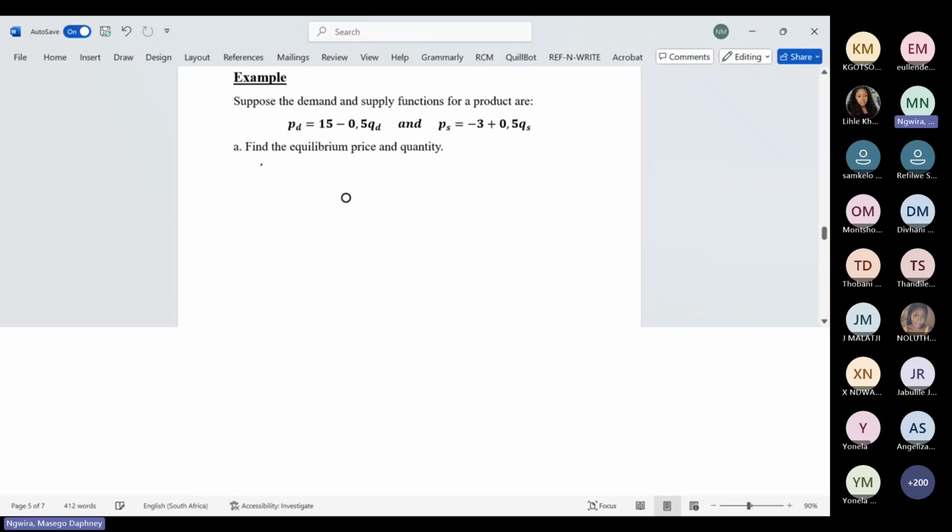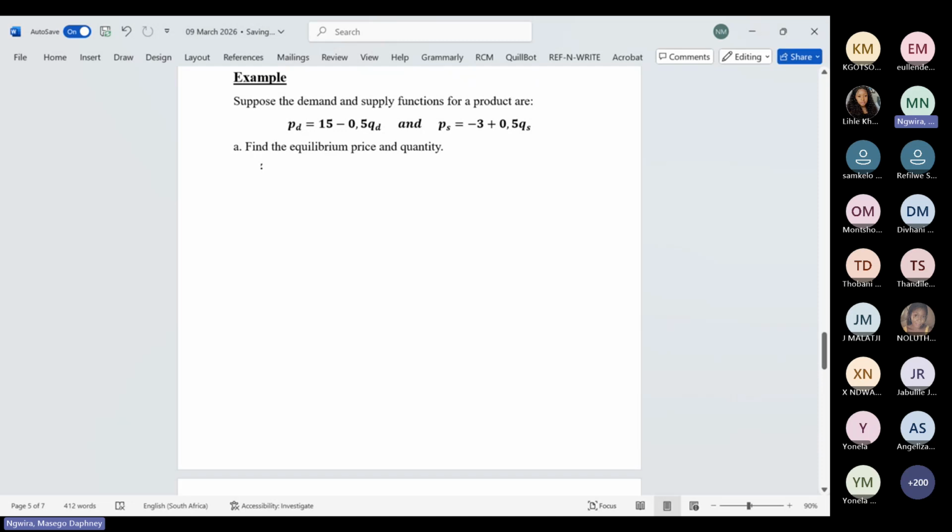So we are going to have PD equals PS. So this is 15 minus 0.5Q equals -3 plus 0.5Q.